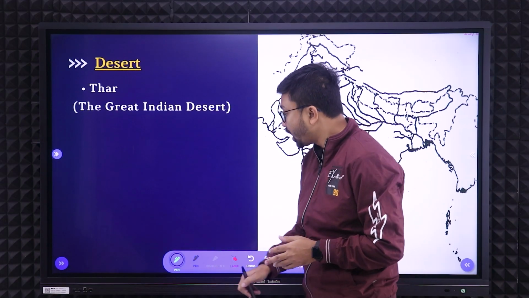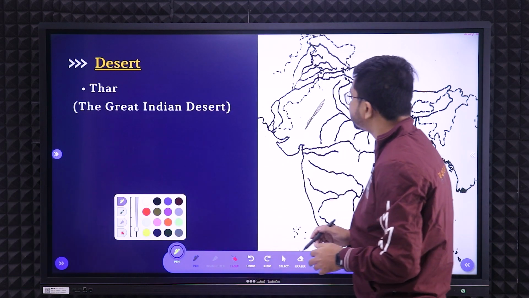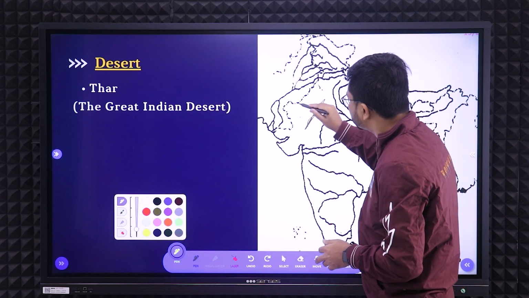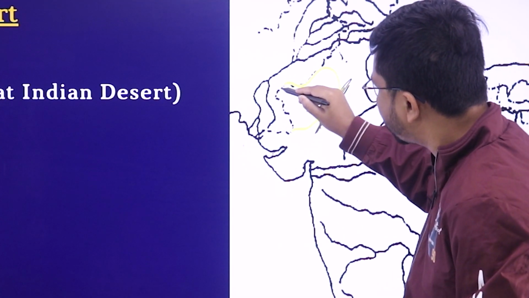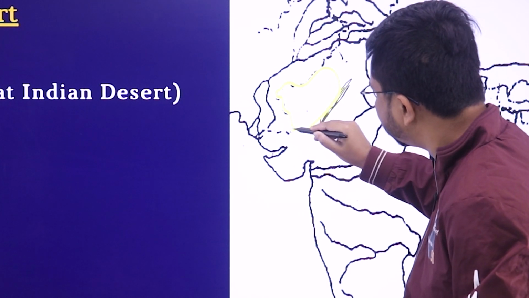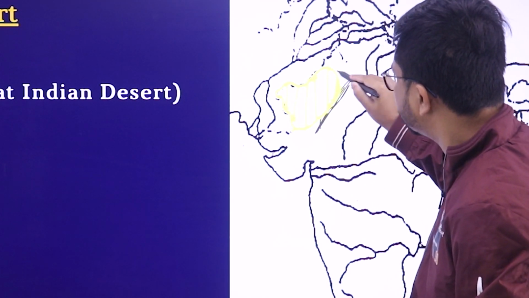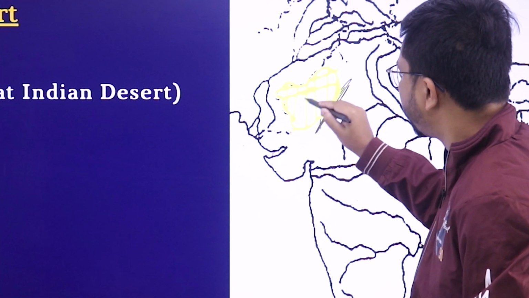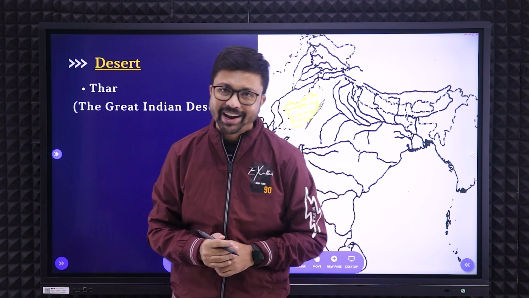Remember, desert you need to mark with yellow color. So this Indian portion here, within the Indian boundary like this, you need to mark with yellow color. That is the Great Indian Desert of India.